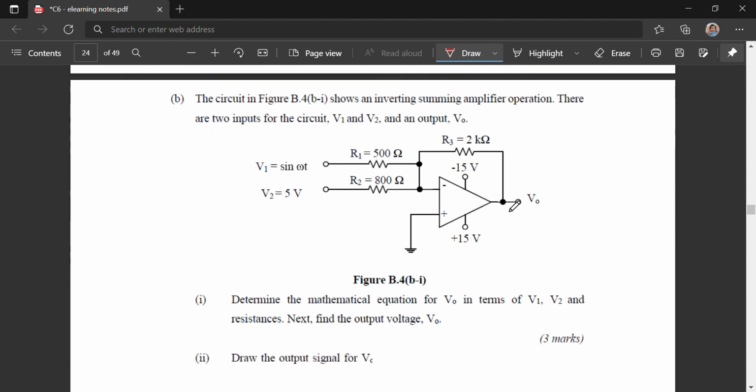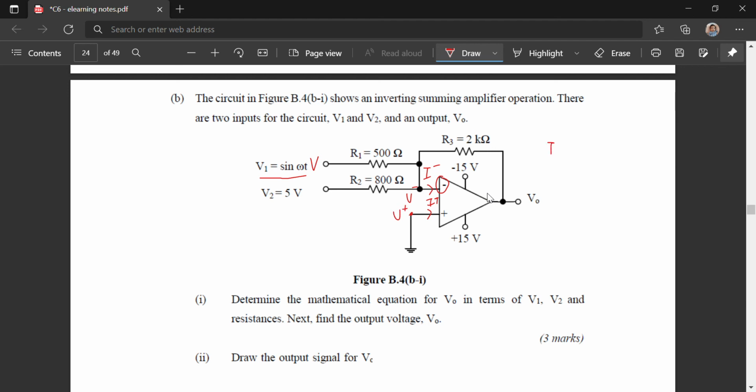Another example is also a summing amplifier. So here is the inverting summing. The input V1 is sine omega t volt, and V2 is 5 volt. Firstly, you need to label the I minus, I plus, V minus, and V plus.